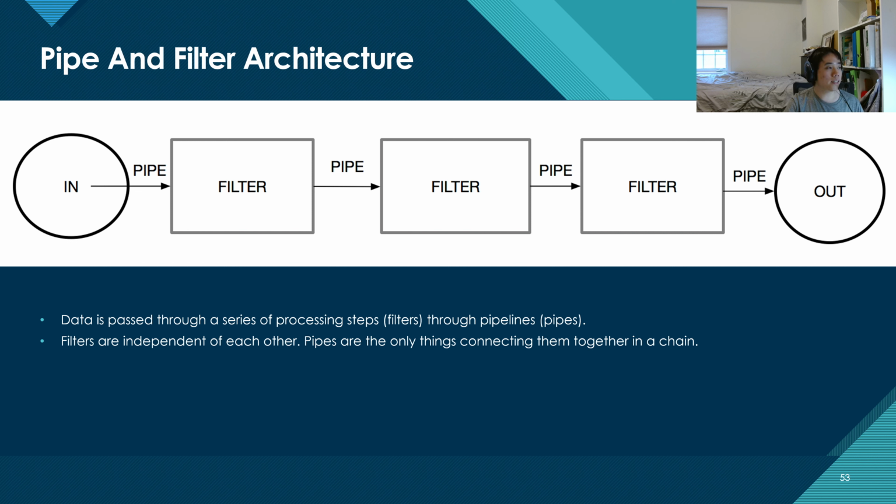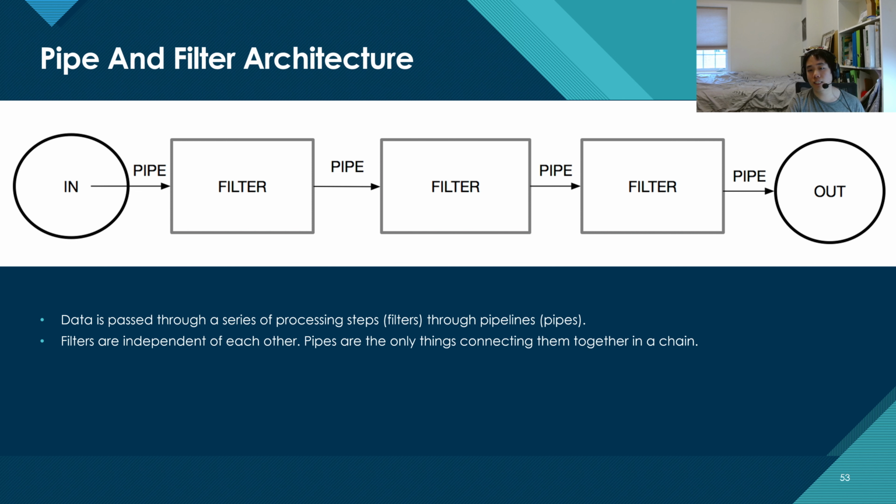In that case, you send it over to the input side on the left, and then you move the data along through the pipe. The pipe will take the input data into the first filter, so the first step in the entire process.